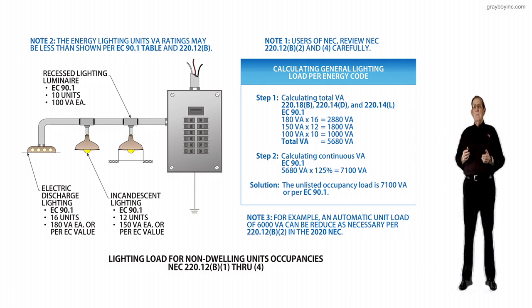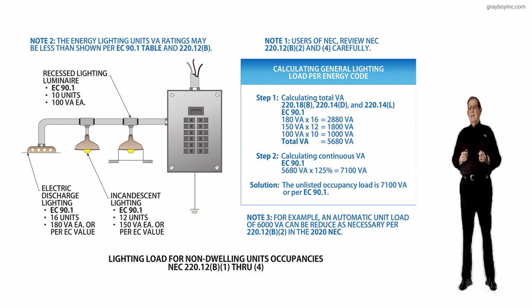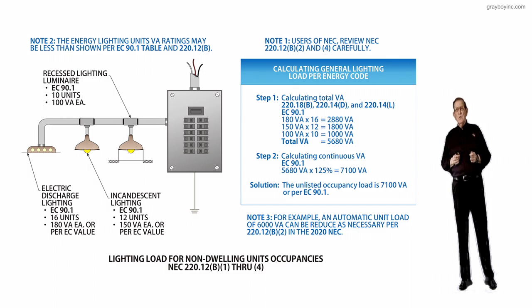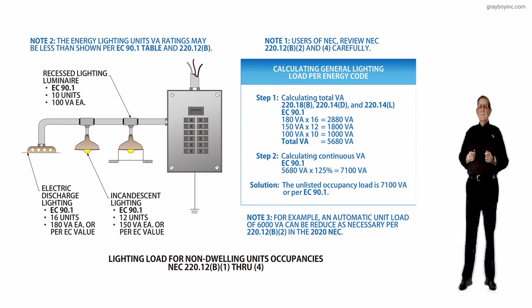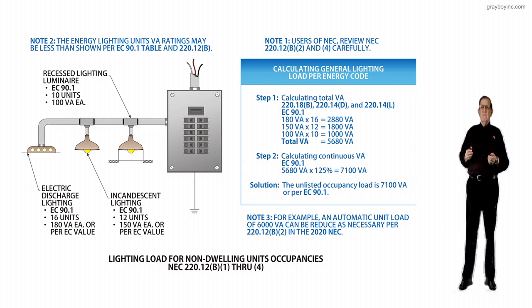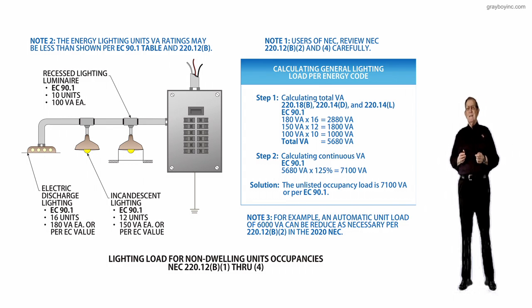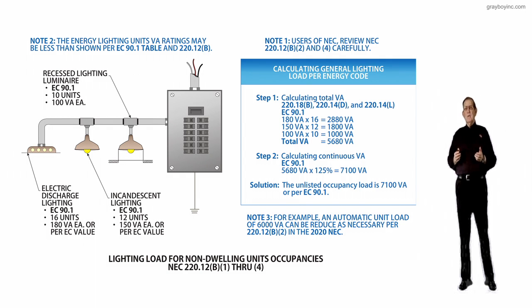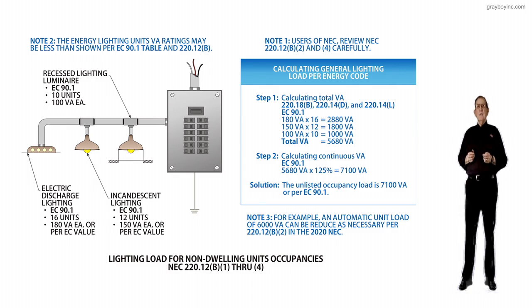The development of the lighting power densities in the energy code has been established through studies of various occupancies, and you can find this information in the ASHRAE 90.1 Energy Code Standard, which provides the foundation for this revision in the values changed in Table 220.12.